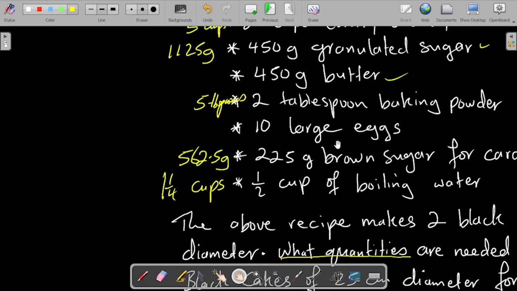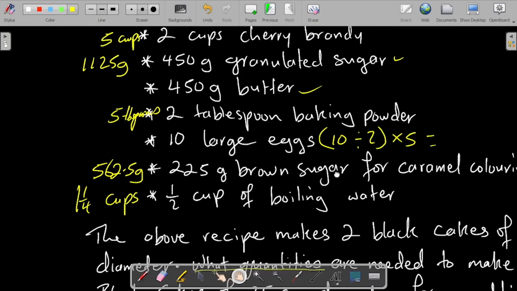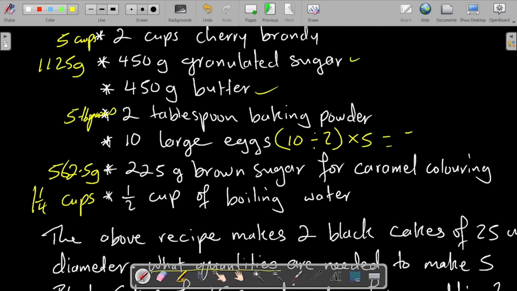Then for the 10 large eggs, we say 10 divided by 2 times 5. 10 divided by 2 is 5, so that's 5 times 5, which is 25.